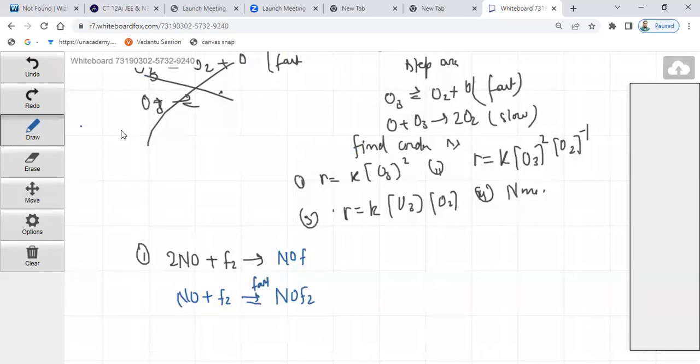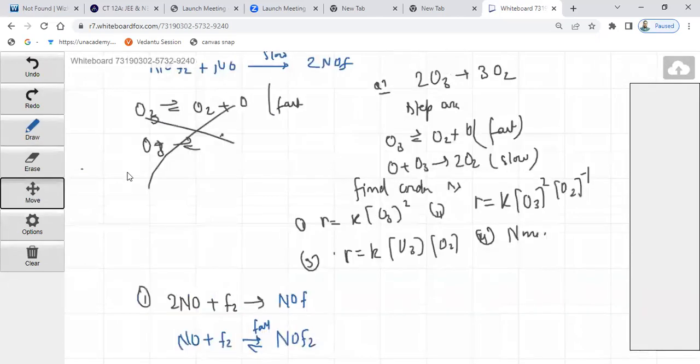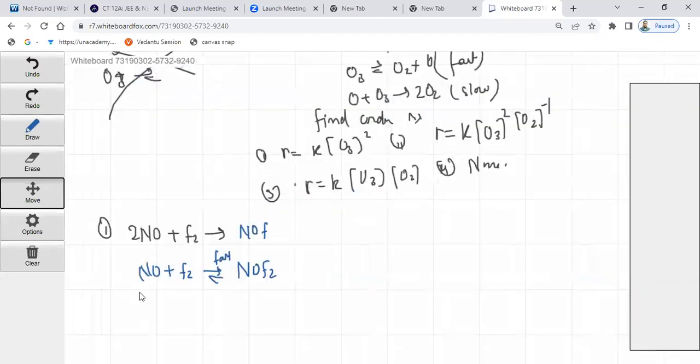The second chemical reaction is NOF2 plus NO gives NOF.